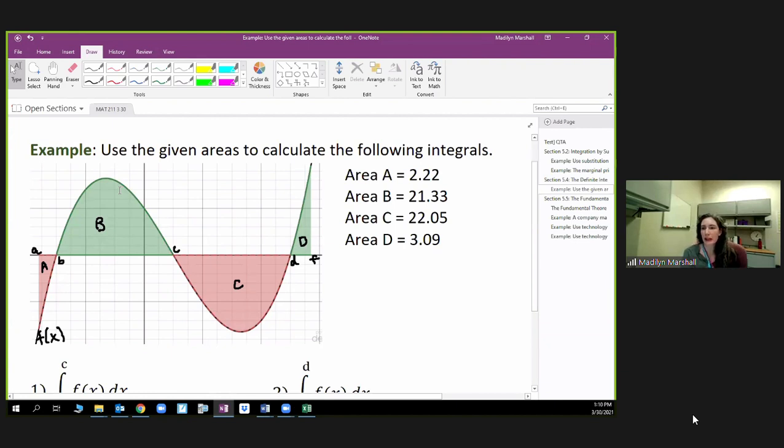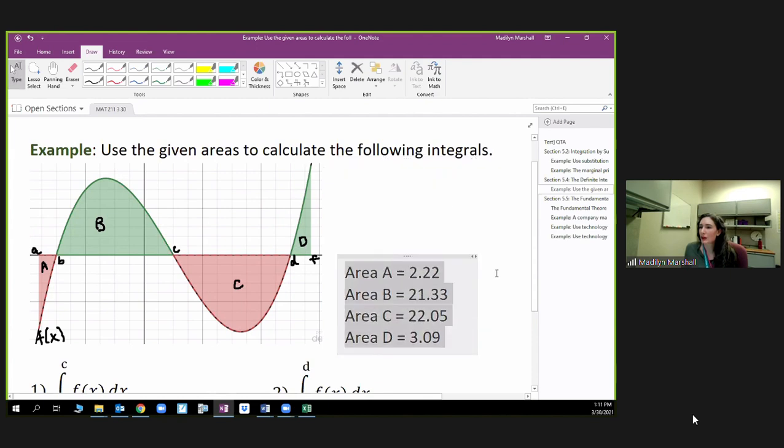So here is a graph of a function, and I've labeled these 4 parts A, B, C, and D. So we have A and C below the x-axis and B and D above. And then the little lowercase letters are the x values. So A is here, B is here, C, D, F. So we have the areas of each of those sections. If we're talking about area in a strict sense, all of them are written as positives.